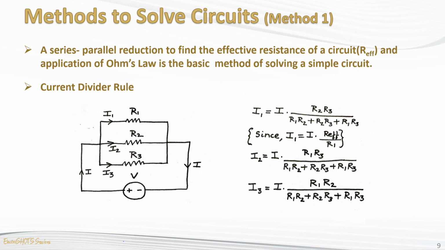To begin with, we look at the current divider rule, a circuit with three parallel resistors connected across a voltage supply with a total current I flowing, and naturally at the junction the currents divide themselves. If the resistances of these paths are different, they will naturally allow less or more current through them according to their resistive nature.